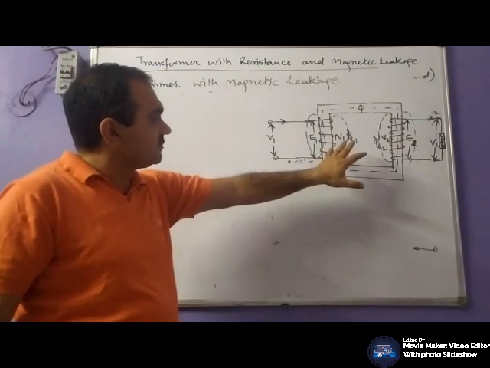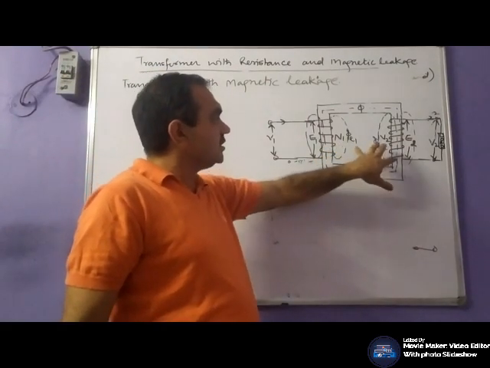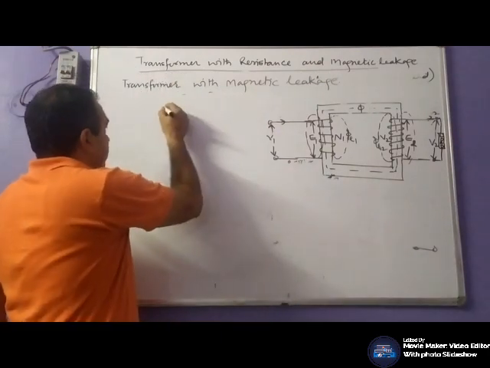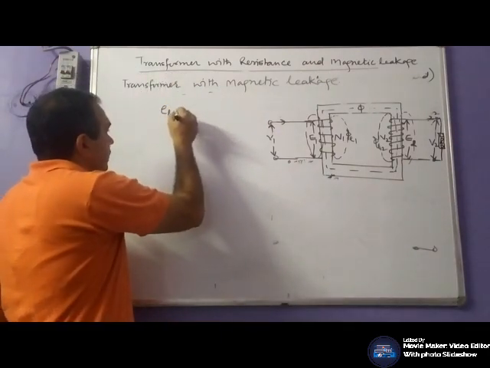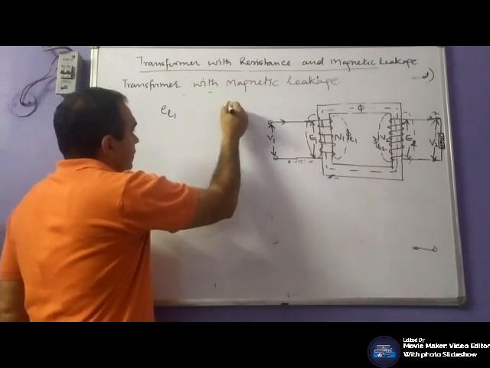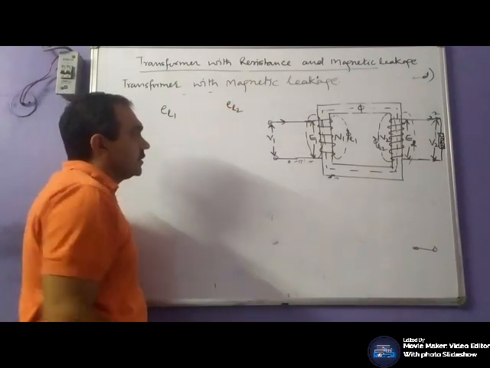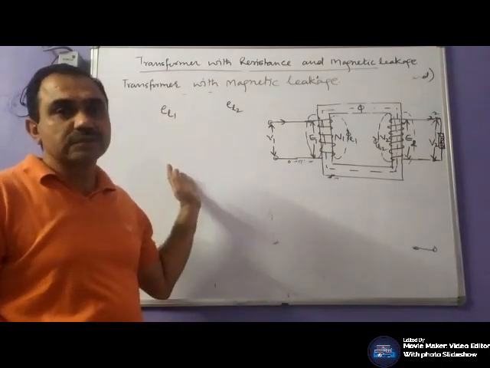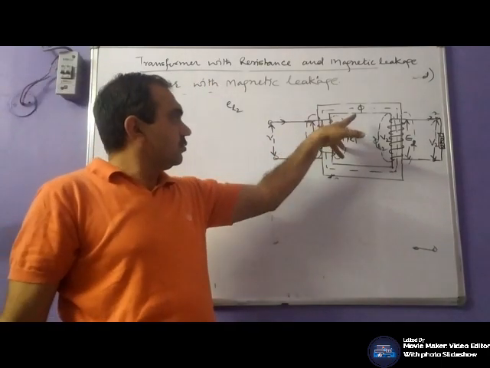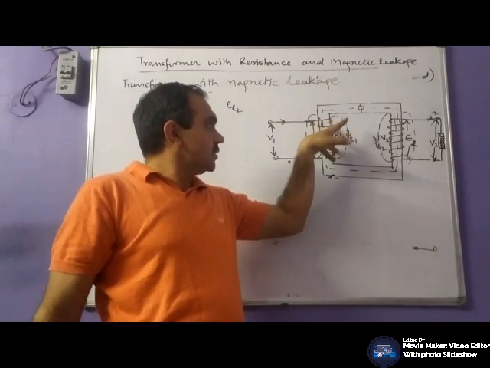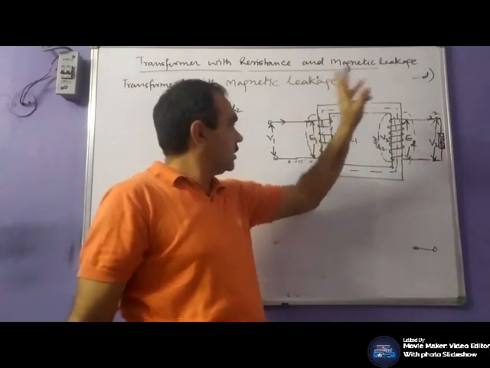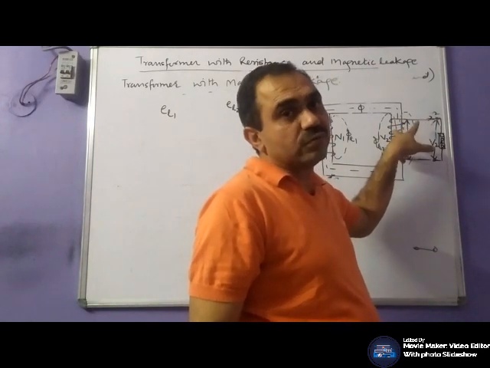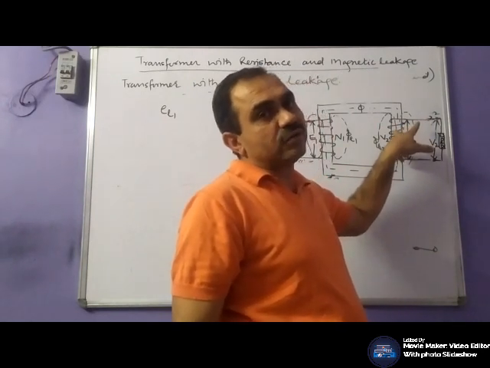Now these leakage fluxes induce certain EMFs on both sides, EL1 and EL2: the self-induced EMF due to the primary magnetic force and the self-induced EMF due to the secondary magnetic force.